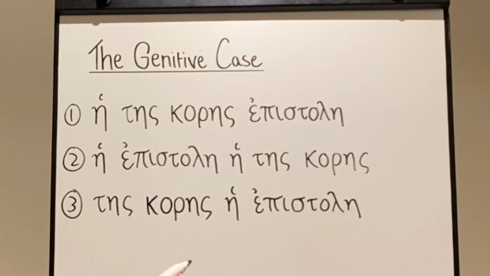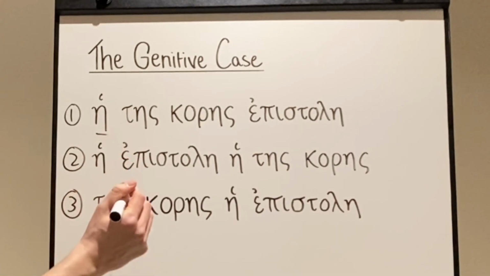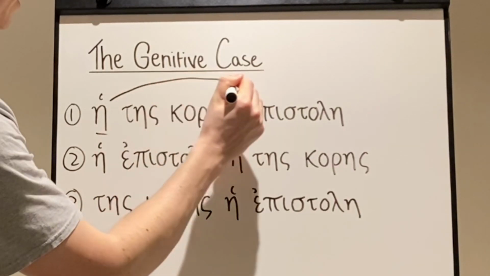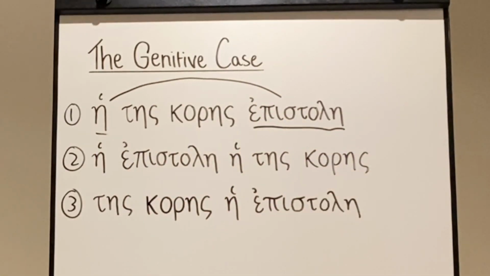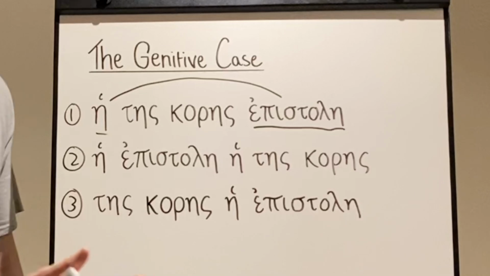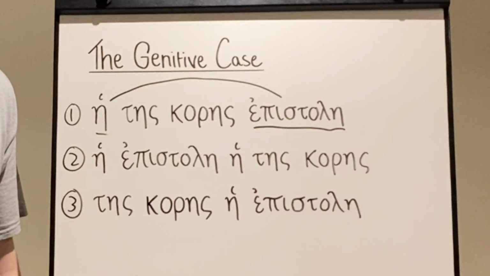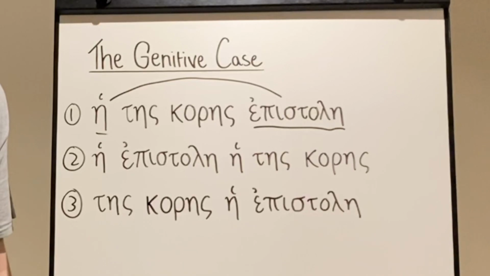But you might also spot that hē here is going with epistolē, since you know that hē is feminine nominative singular. And although you haven't learned how nouns change their endings yet, I've taught you epistolē as the standard, that is nominative form, of the word letter, epistolē.